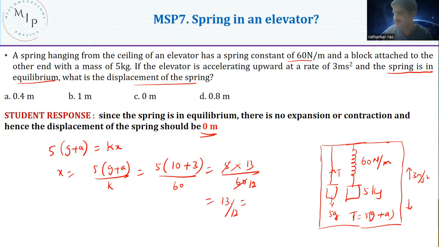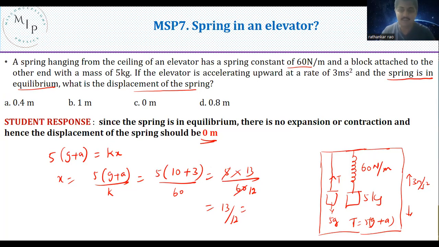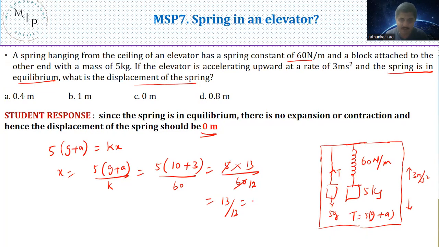Let me use my calculator. We all have been addicted to this world of calculators. So 13 divided by 12 is 1.08. So this should be equal to 1.08 meters.